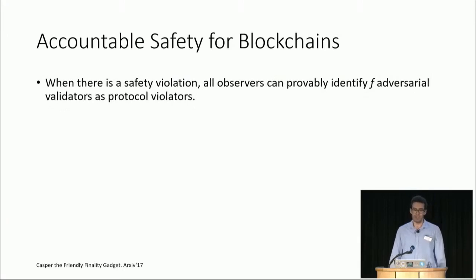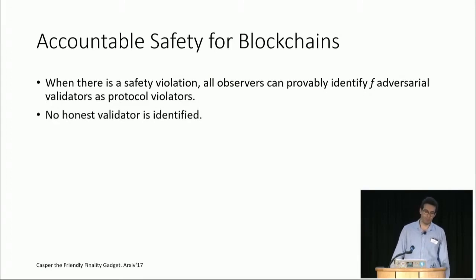The first guarantee is whenever there is a safety violation, all observers of the protocol should be able to identify at least F adversarial validators of the blockchain protocol as protocol violators. And the second main requirement is that no honest validator should be identified as a protocol violator. So now, how is this going beyond the traditional way to prove safety?